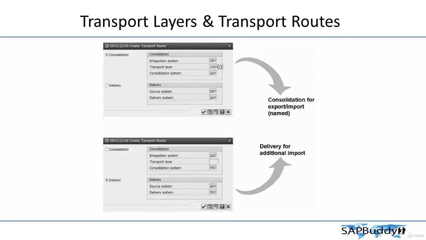In a standard three system landscape, a delivery route is in between quality and production, which is another import route. In the consolidation route, you have export and import. In the delivery route, we have only import in the three system landscape.